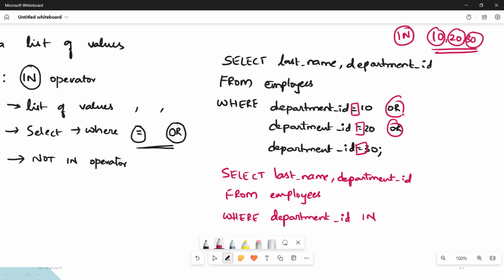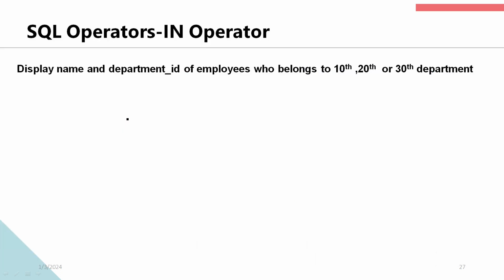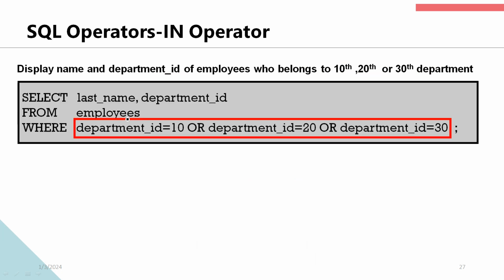Whenever you are specifying the list of values, please mention them in parentheses, separated by commas. So this is how you make use of the in operator. Now let us execute this and see how the query works.